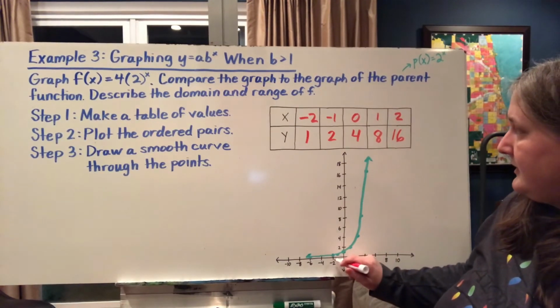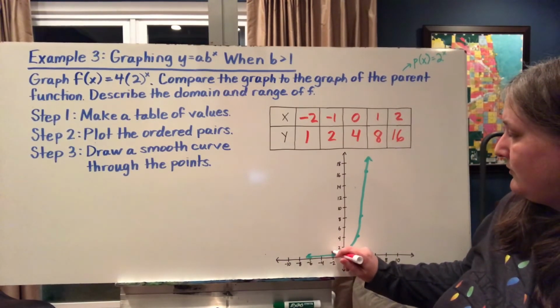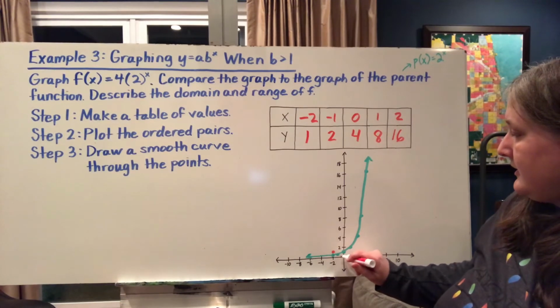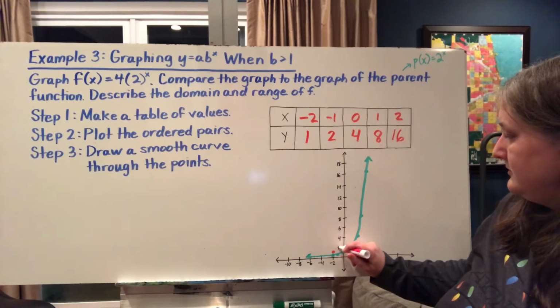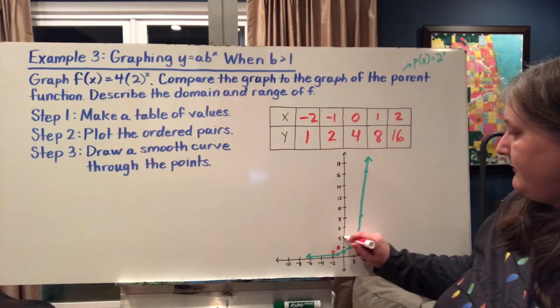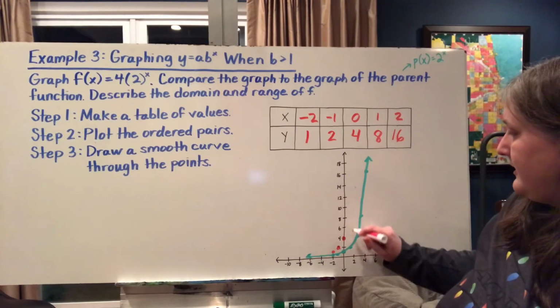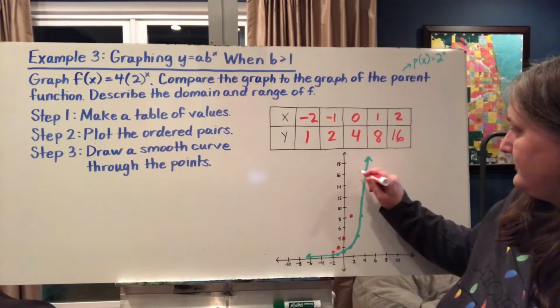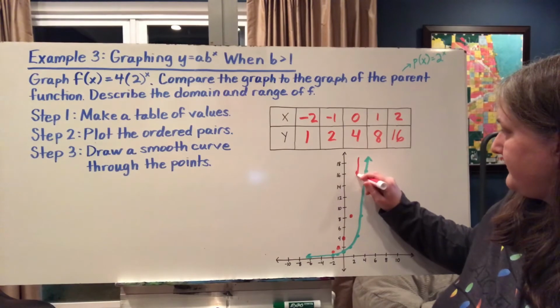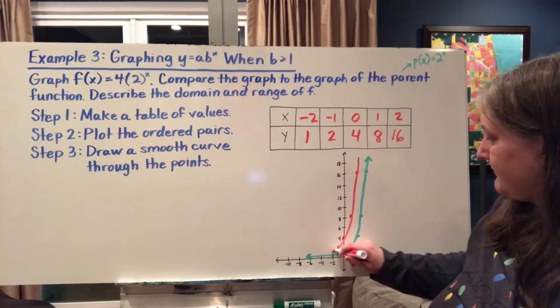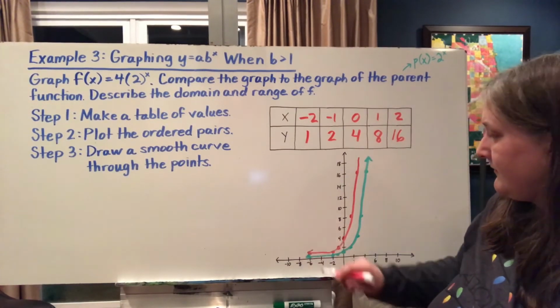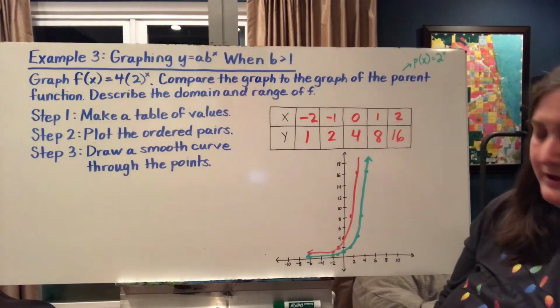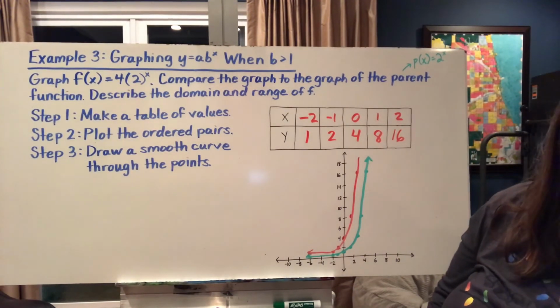So let's graph these. So I have -2, 1, -1, 2, 0, 4, 1, 8, and 2, 16. All right, so let's compare these guys.